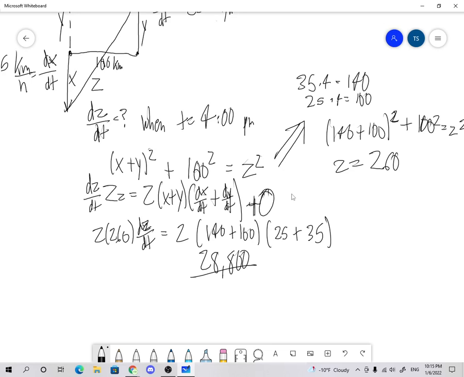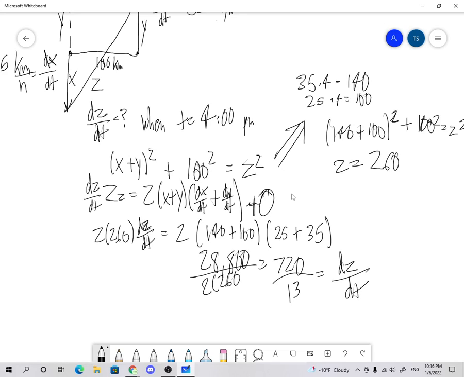And dividing that by 2 by 260 will be equal to an improper fraction of 720 over 13. That's why you should always have fraction mode on, of dz dt.